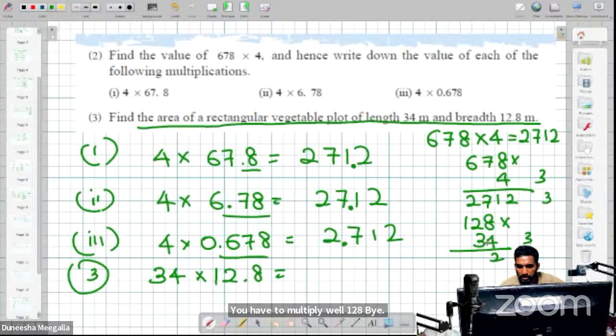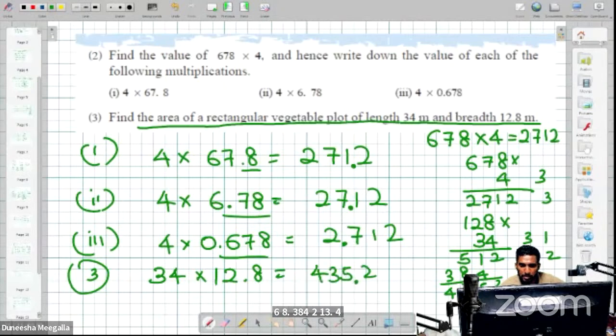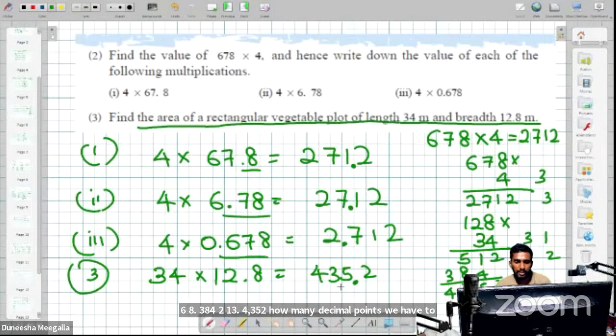We get 4,352. How many decimal points do we have to keep? 1 decimal point.